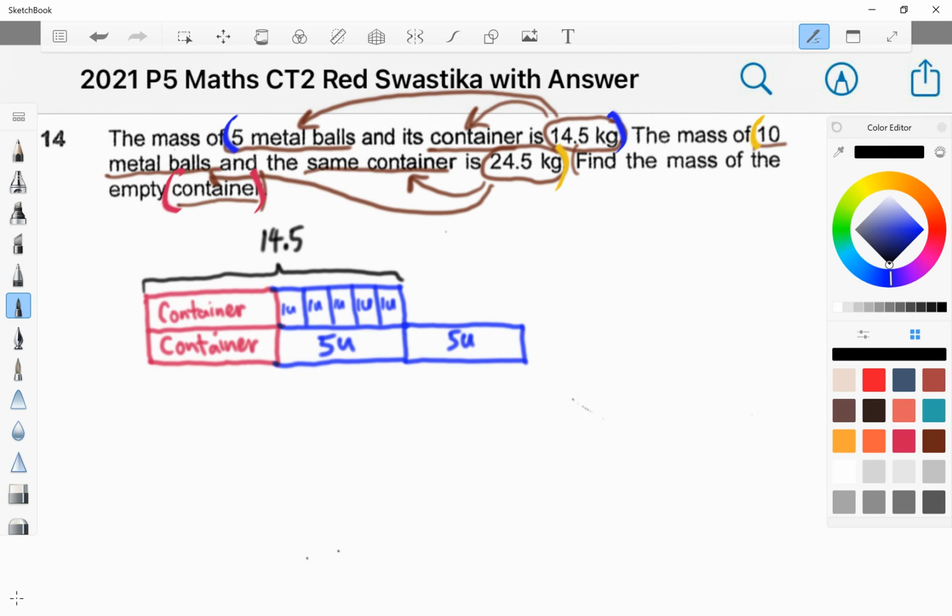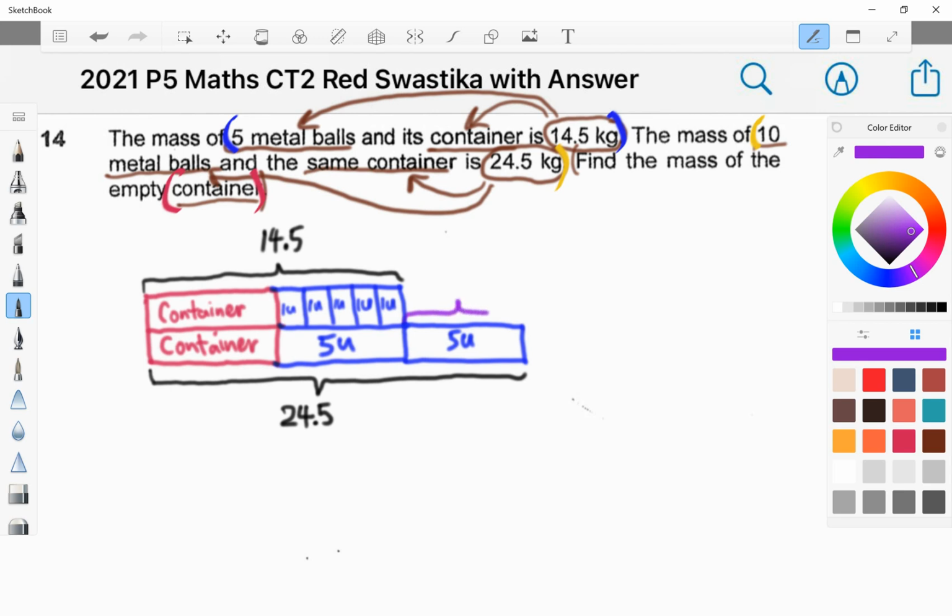What about the same container with 10 metal balls? It's actually 24.5 kilograms. Having done that, you will realize that if I were to subtract 14.5 from 24.5, I will be able to find 5 units.